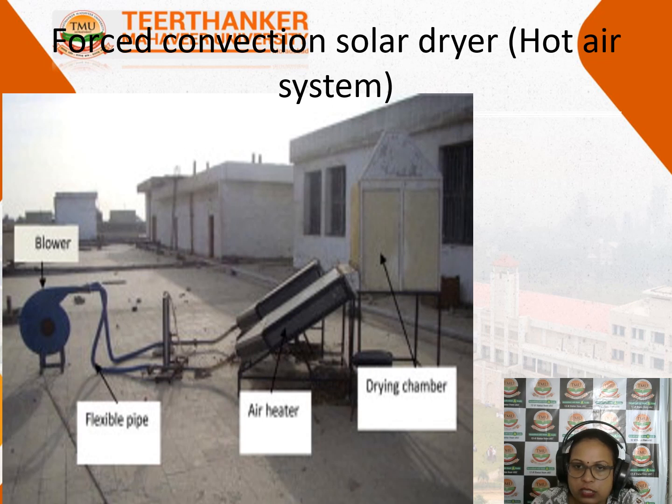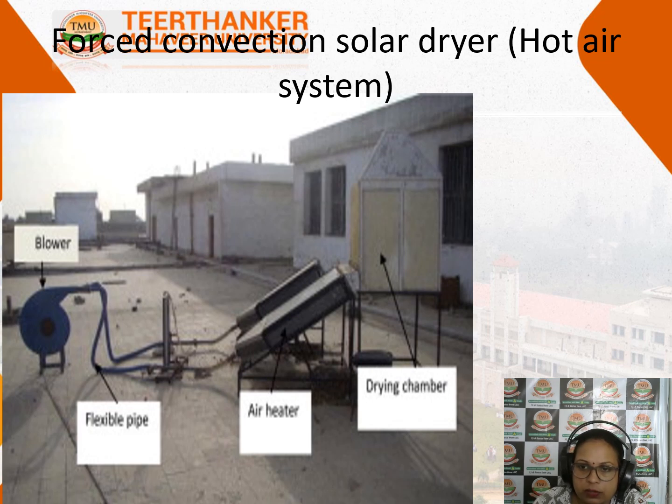These are the solar collectors. These are the blowers through which air is blown through the pipe, and when the air is blown through the pipe, it moves towards the solar collectors, and on the solar collector the air gets heated. Through this duct, the ducts that connect between them, when the air flows inside it gets warmer, and this warm air is forced to move inside the drying chamber. This drying chamber consists of many shelves in which the grains are evenly distributed.